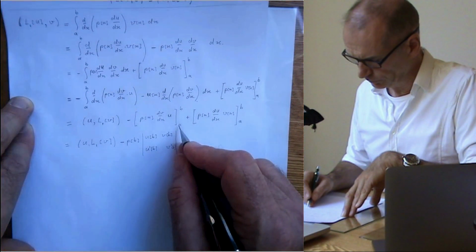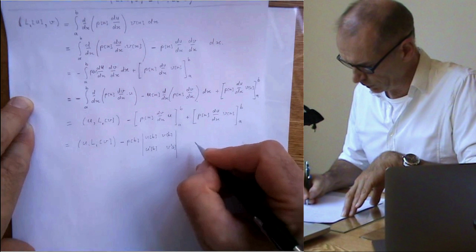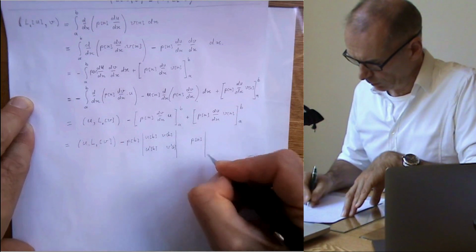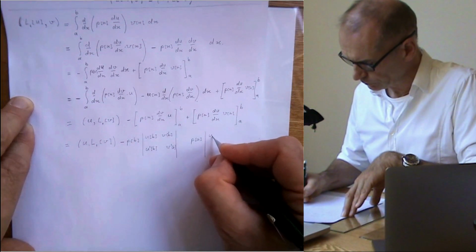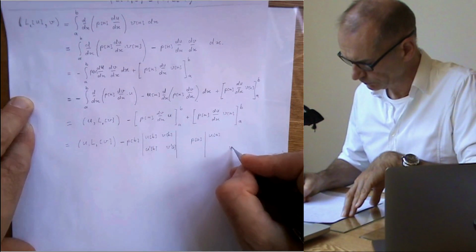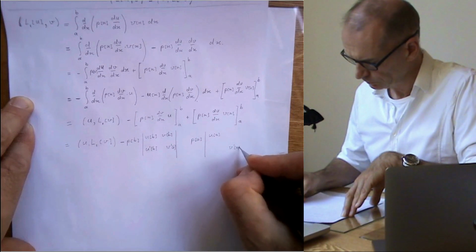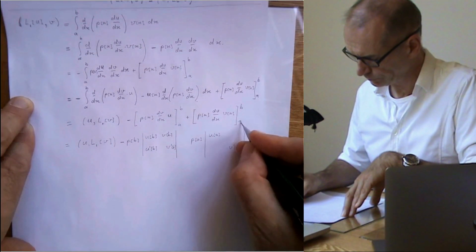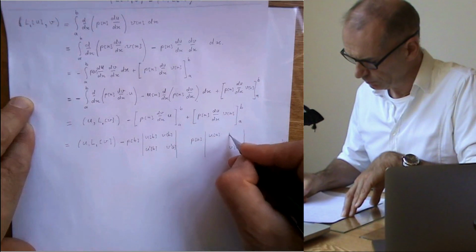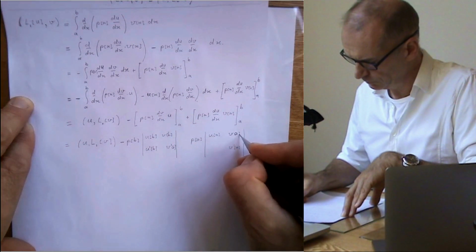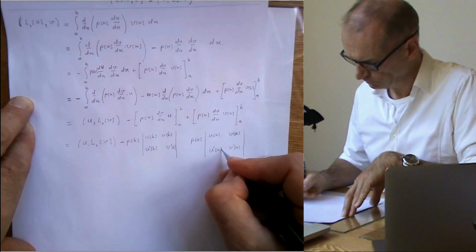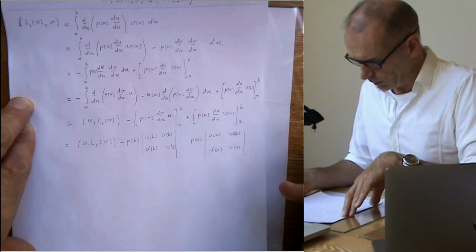I got p of A and then u at A and v prime at A. And here I get v at A, u prime at A, and I had this sign.